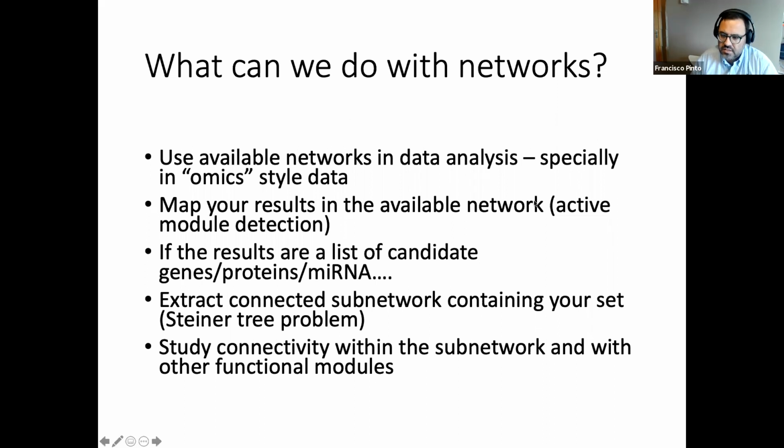So this class of methods, that once you have quantitative values for every node in the network, tries to identify modules in the network that accumulate a lot of either change or abundance in those results, is a class of algorithms called active module detection. And if I have time, I'll show you one that was very recently published.